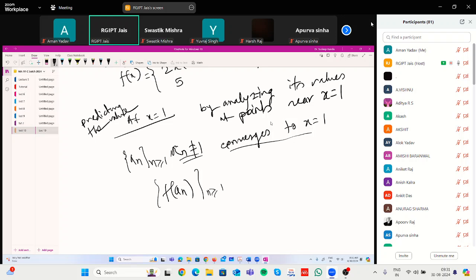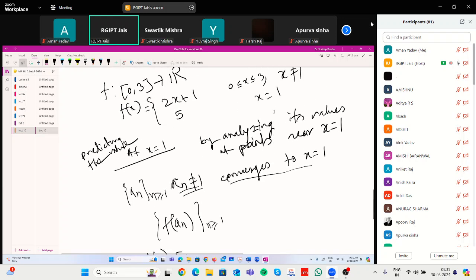So in this example, your f of a_n is, for any sequence a_n, f of a_n is what? In this example, what will be your f of a_n?